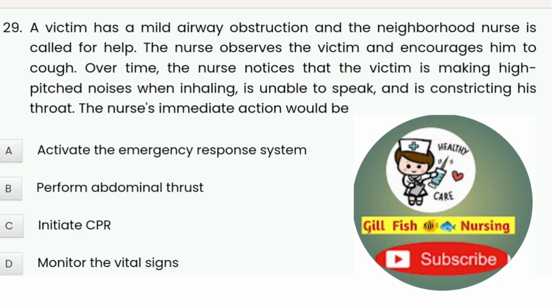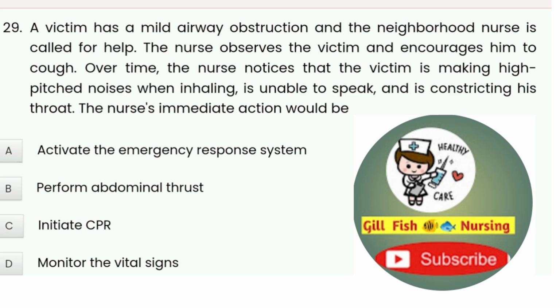Next question. A victim has a mild airway obstruction and a neighborhood nurse calls for help. The nurse observes the victim and encourages him to cough. Over time, the nurse notices that the victim is making a high-pitched noise when inhaling, is unable to speak and is clutching his throat.